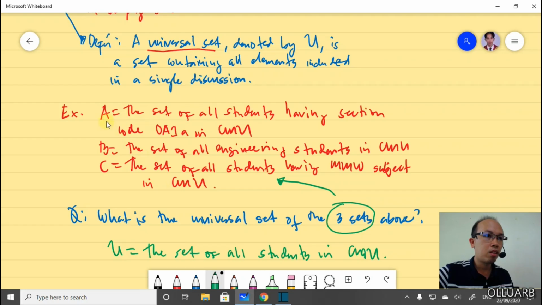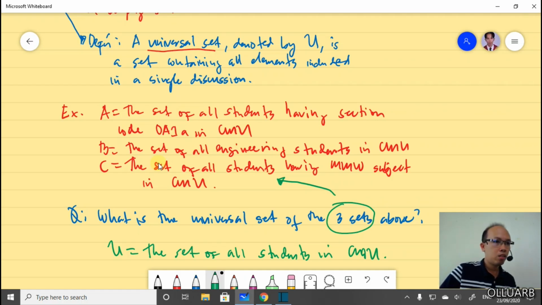All of the elements in the sets A, B, and C are elements of the set U. So remember what I said before, that if there is one element in set A, B, or C that doesn't belong to the set U, then this universal set is not anymore universal.